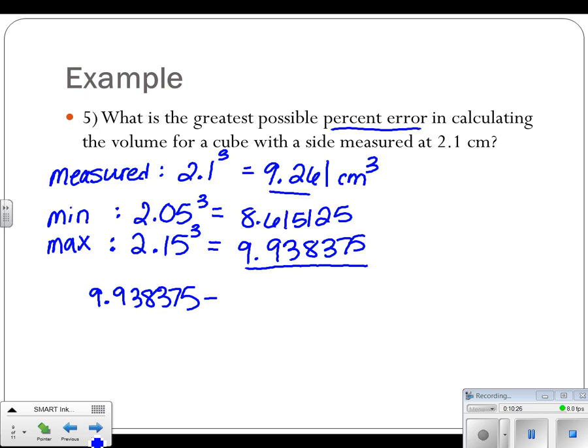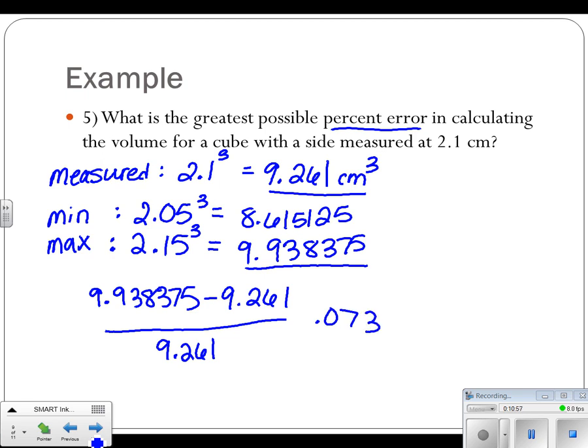The actual value is right here, 9.261. So we have that maximum minus the measured. And we're going to divide it by the actual value, which is the measured value, 9.261. When we calculate this, we end up with 0.073, which if we change it to a percentage, is about a 7.3% error by using that maximum.